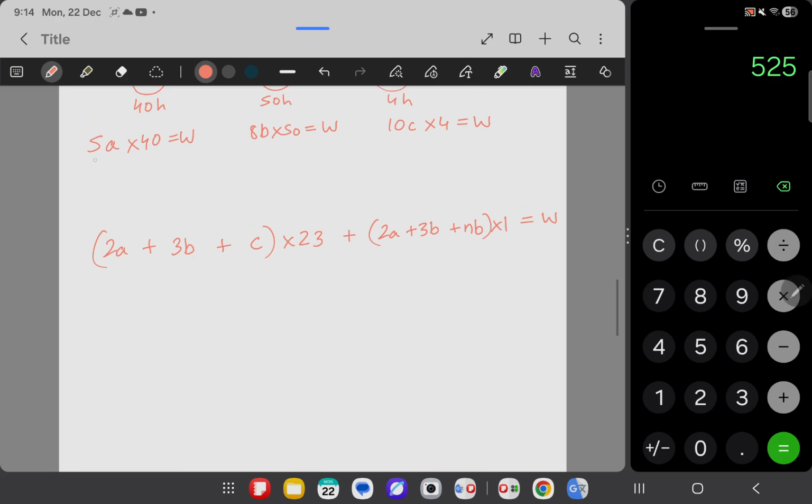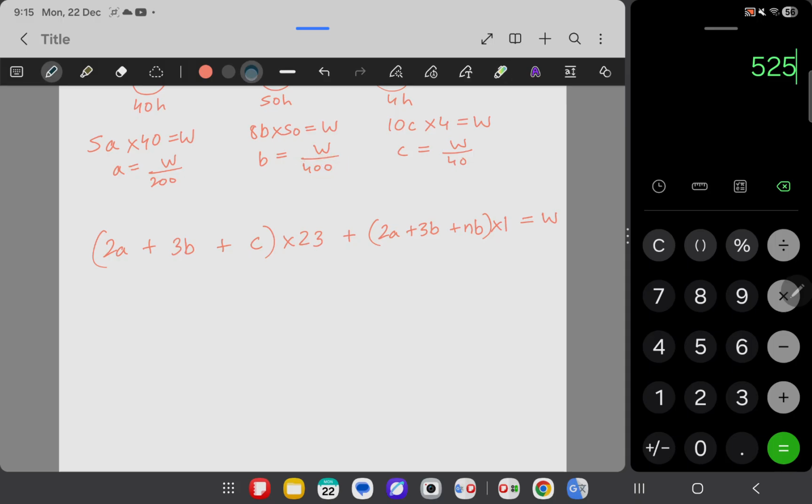Okay, so from here we can get A equals W upon 5 4s are 20, 200. We can get B equals W upon 8 5s are 40, 400. And from here C we can get W upon 40. So as you can see, LCM we can take 400.